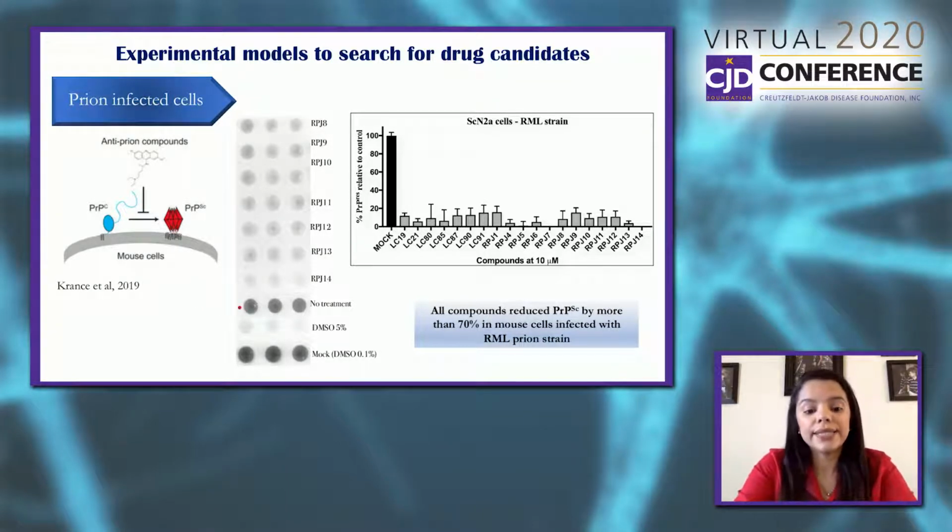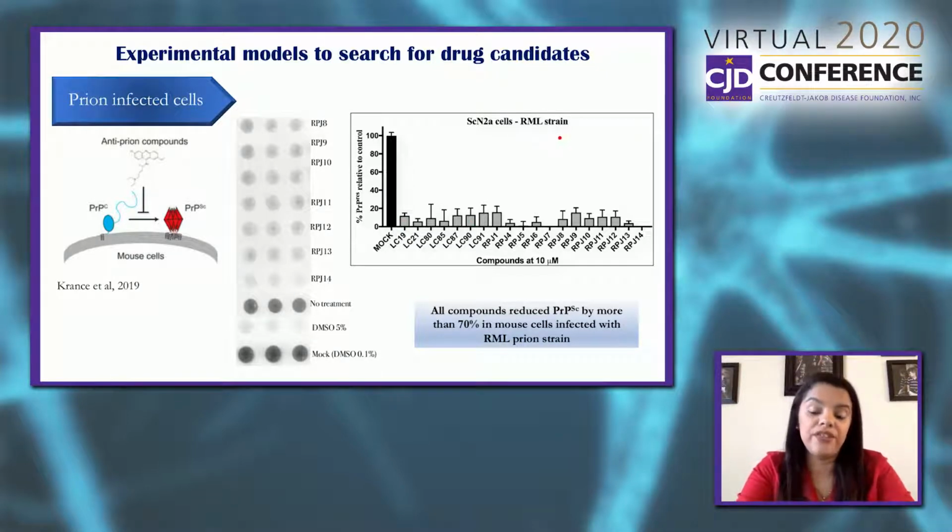This is what happens in the absence of treatment: we have a really strong signal of PrP-res, but in the presence of the different drugs, we see an inhibition of the accumulation of PrP-res, which is shown here in this graph. Here are the untreated cells, which have a lot of PrP-res, but in the presence of these drugs, they have small amounts of PrP-res.